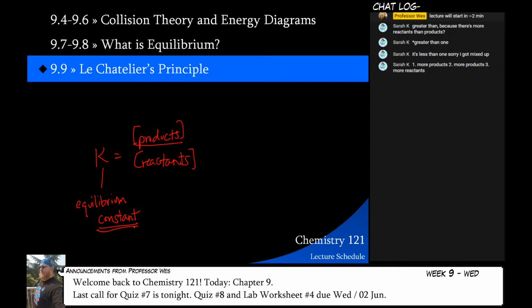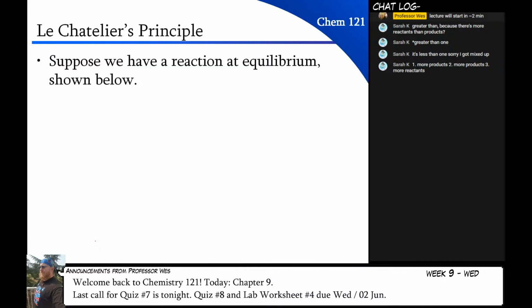So for a given reaction at a specific temperature, K is constant. So if I don't change the temperature, I don't change K. If I change the products and reactants, K still remains the same. And so what will change instead are the products and the reactants. And we're actually going to see that in action in a few videos that I've got here.